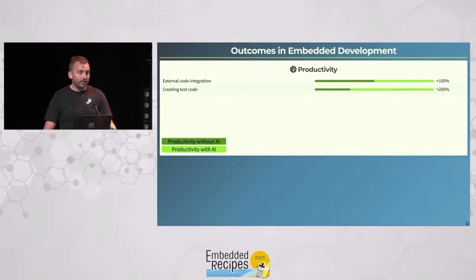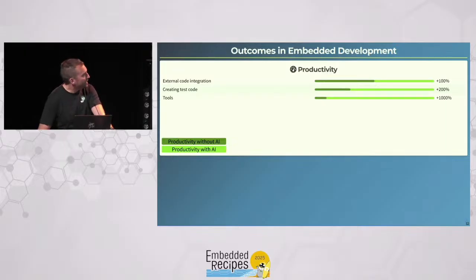Creating test code is 2 times faster, in my opinion. Why just 2 times? Because we just saw we wrote 23 test cases in a minute, but I still have to fix that, right? So it's not finished, but it's still really helpful for lots of use cases that you wouldn't write otherwise.